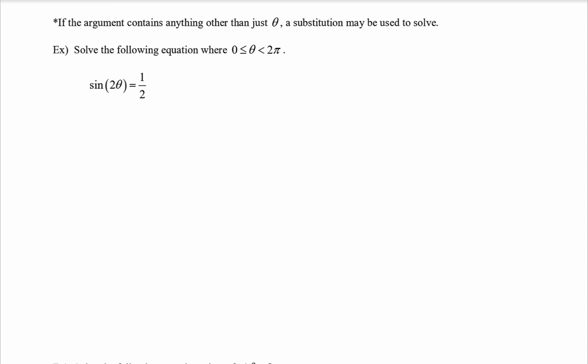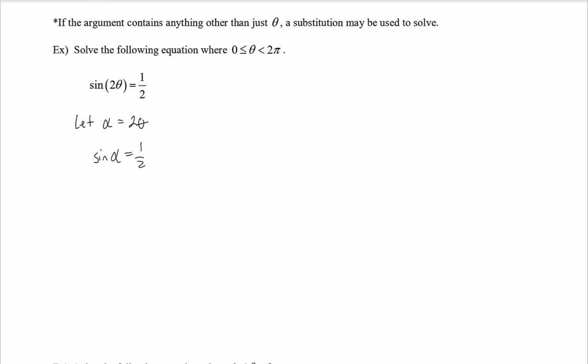So why don't we make a substitution so we don't have to deal with that 2 right away? Let's use the Greek letter alpha. We're going to let alpha equal 2 theta. So then I really just have sine of alpha equals 1/2.